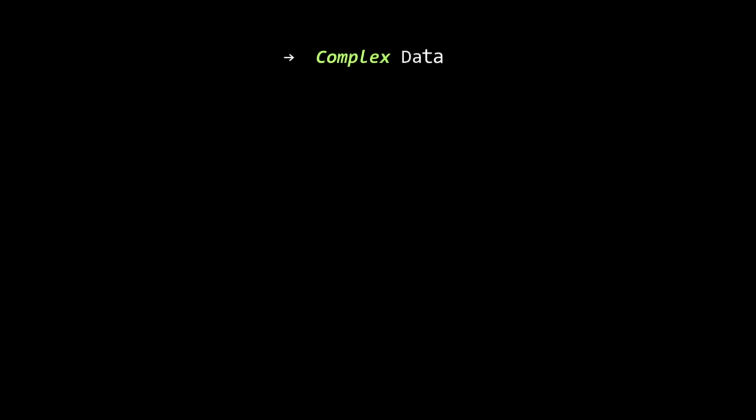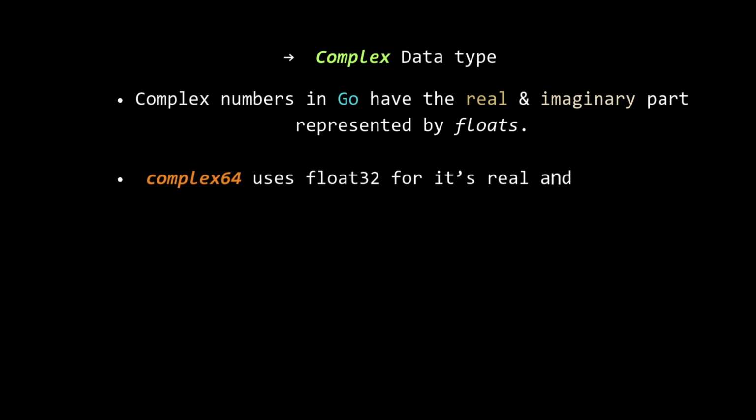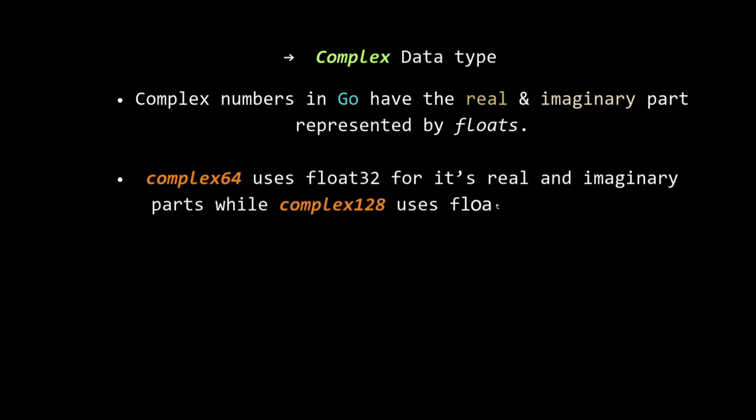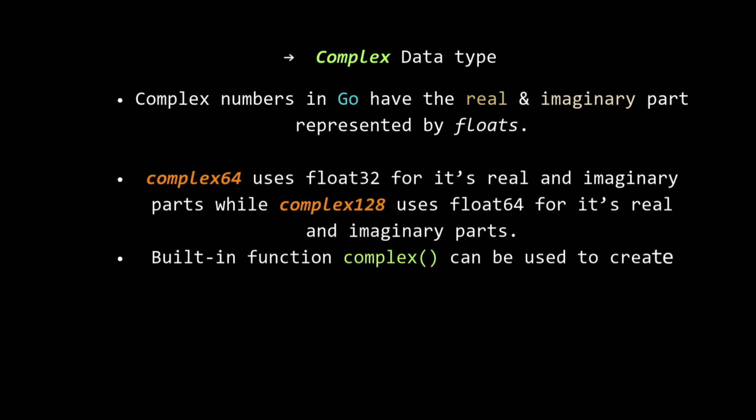Now we'll talk about the data type complex. Complex numbers in Go have the real and imaginary parts represented by float. Complex64 uses float32 for both the real and imaginary parts, while complex128 uses float64 for the real and imaginary parts each.